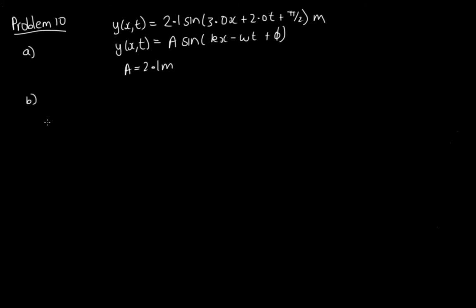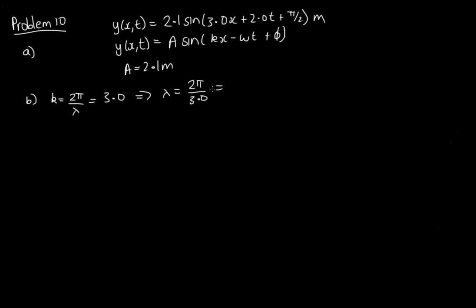Part B now asks us to find the speed. So let's write down what we know. We know k, which is the wave number, 2 pi over lambda, is equal to the thing in front of the x. So this is equal to 3. So this tells us that the wavelength is equal to, just rearranging this, 2 pi over 3.